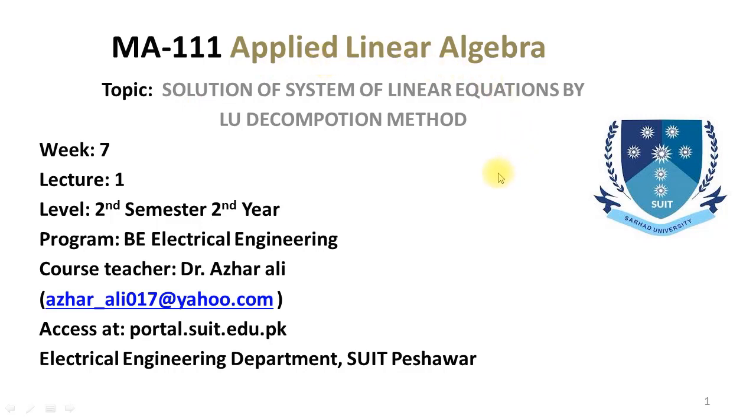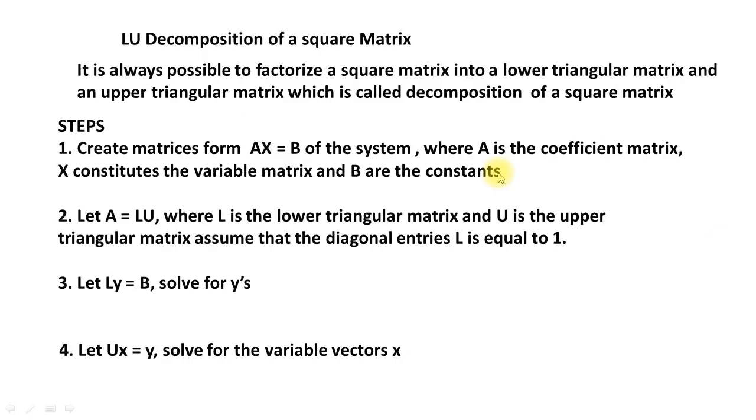First of all, I would like to tell you about the LU decomposition of a square matrix. It is always possible to factorize a square matrix into a lower triangular matrix and an upper triangular matrix, which is called decomposition of a square matrix.